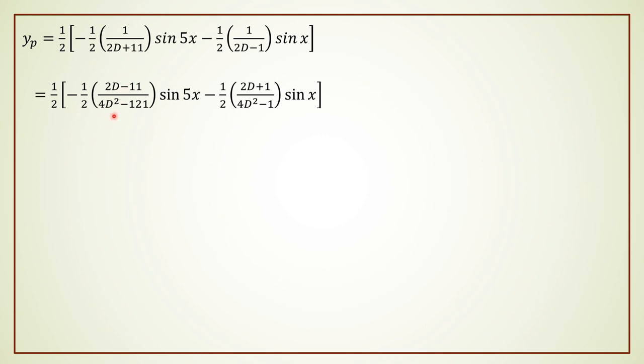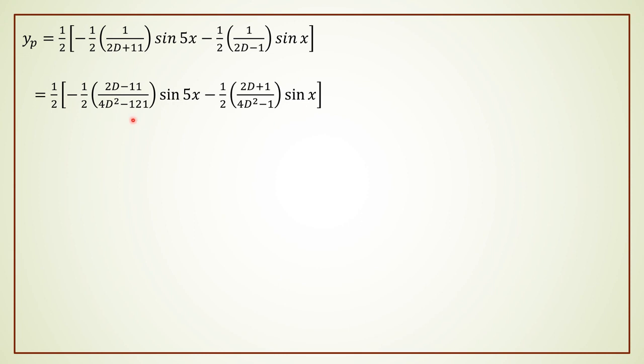So it becomes 4D² − 11², that is 121, acting on sin 5x, minus 1/2 into, over here multiplying and dividing by 2D + 1, the term reduces to (2D + 1) divided by (2D + 1)(2D − 1), that is 4D² − 1, acting on sin x.